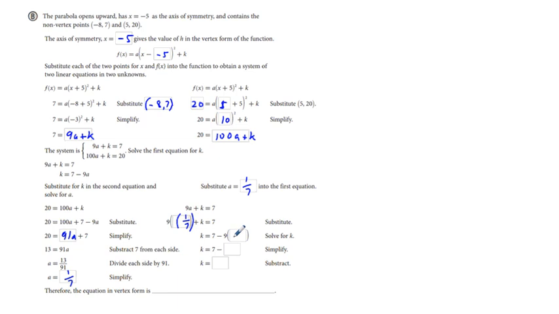So k equals 7 minus 9 times 1/7. So k equals 7 minus 9/7.